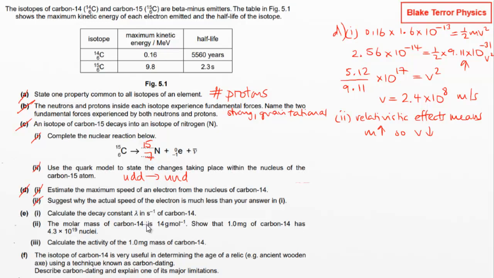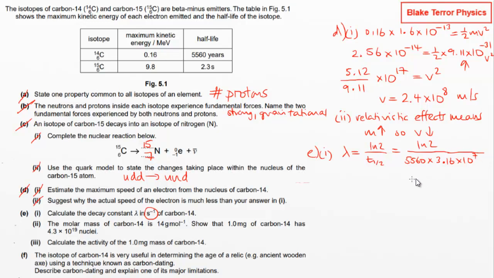Right, E. Calculate the decay constant in seconds to the minus 1 of carbon-14. Our decay constant we know is log 2 over the half-life. I've written down for reference my seconds in a year to save me typing it all in, so that was the number of years multiplied by 3.16 times 10 to the 7.